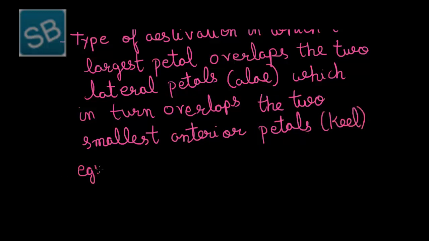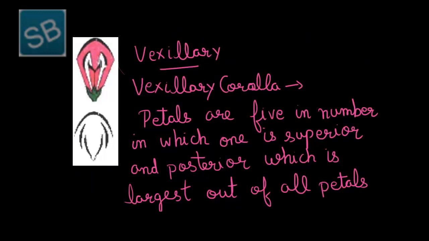Example, pea and bean. Thus, these 2 petals, which are located in the middle and arranged along the lateral side, are known as wings, and the innermost petals are known as keel.